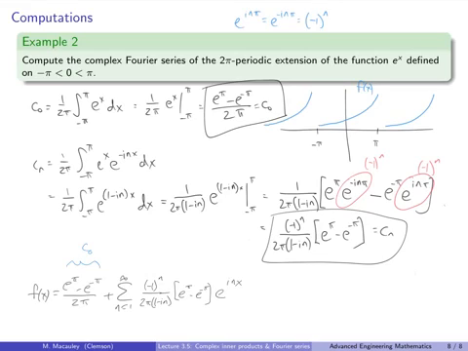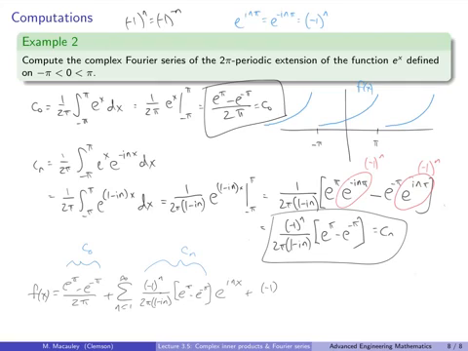So that's my c n. And then the next one is c to the minus n. So I just take this thing and I plug in minus n for it. So I get negative 1 to the negative n, which, remember, equals negative 1 to the n.